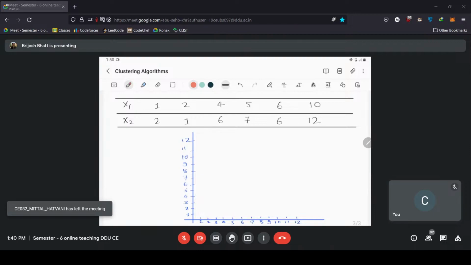So the data points are (1, 2), (2, 1), (4, 6), (5, 7), (6, 6), and (10, 12).